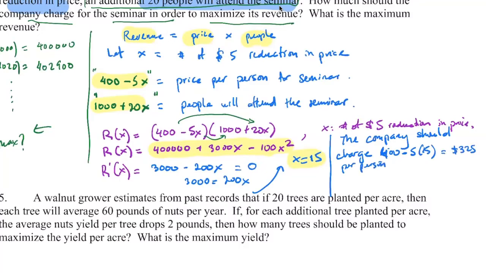And then, let me rewrite this. Okay. So we say that $325 per person will yield a max revenue of $422,500.